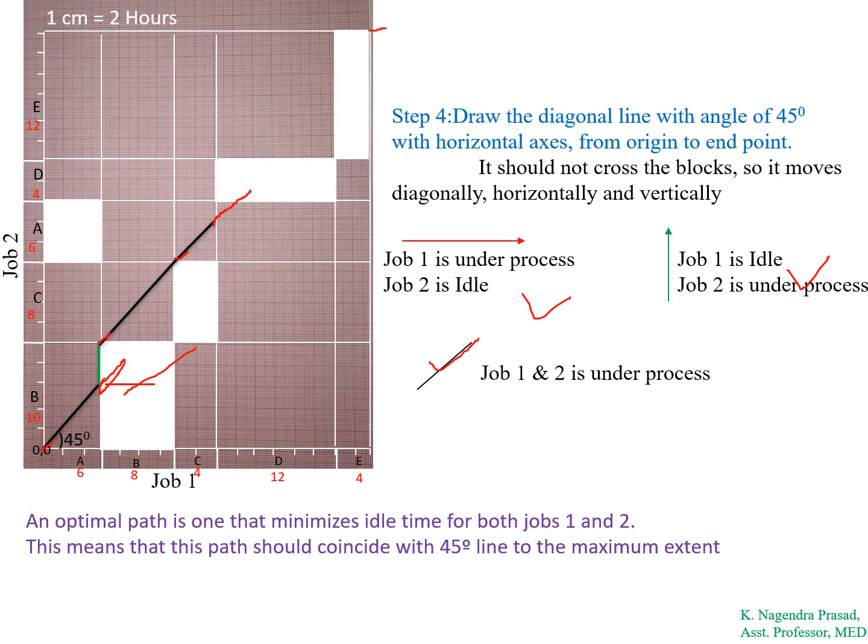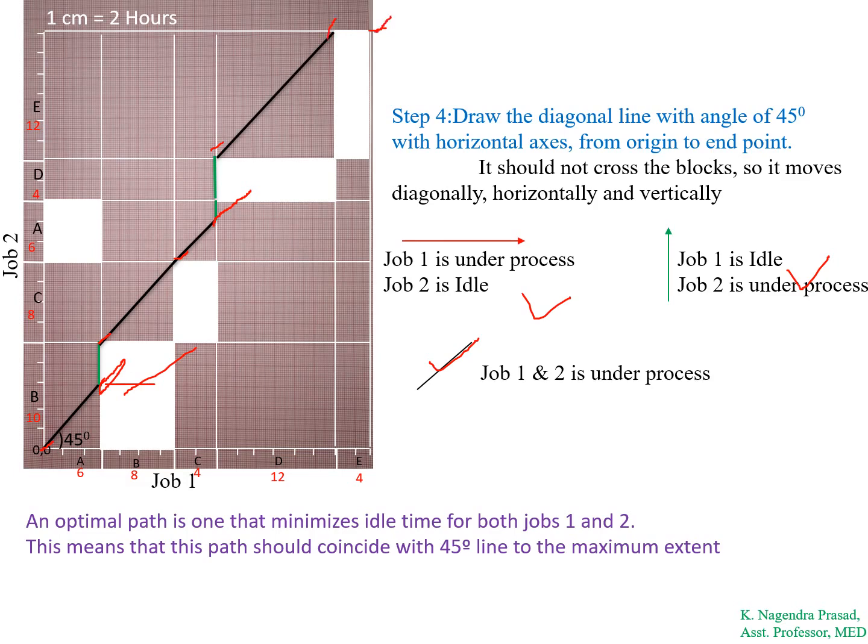So we have to draw a vertical line up to here. From here, once again you have to draw a diagonal line because of the no block region. Then the line reaches here and the end point is here.